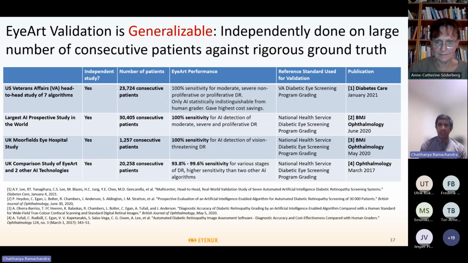We were the only technology that was statistically indistinguishable from the human grader and had 100% sensitivity for moderate or severe NPDR or PDR. Likewise, in other large studies done at UK NHS, IART has been on the top as well. As these slides will be shared, I'll invite you to look through these publications for more details.